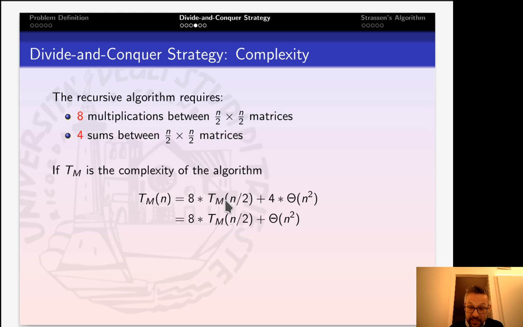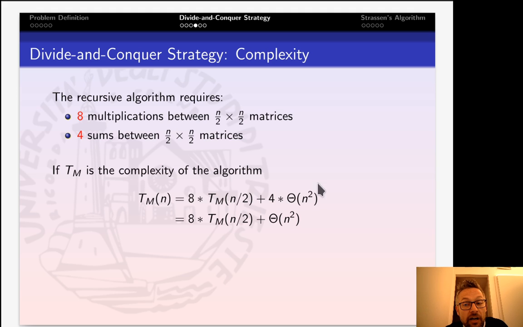So the complexity of the algorithm is the one you see here. T_M(n) is equal to 8 times the complexity of the algorithm applied to the blocks, to smaller matrices, plus 4 times theta of n squared, which of course is equivalent to theta of n squared. Is it clear?